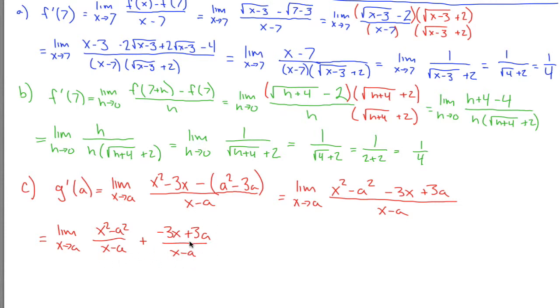So to add them, leave the denominator alone and add up the numerators. That would get me from here back up to here. x squared minus a squared is the same as x minus a times x plus a. Negative 3x plus 3a: I want to cancel out an x minus a, so if I factor out a negative 3, I'd be left with an x minus a.